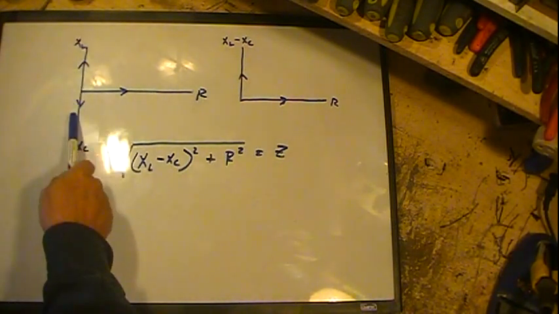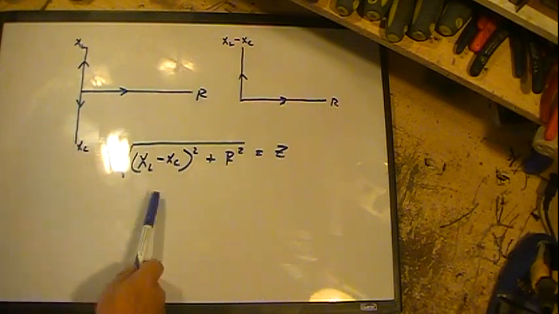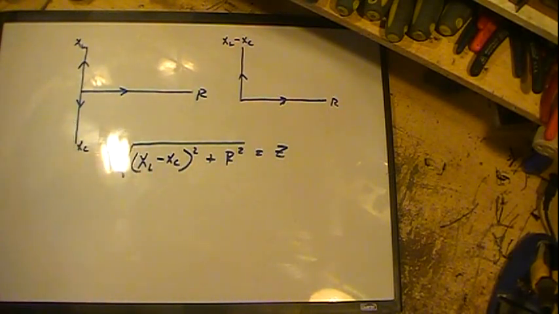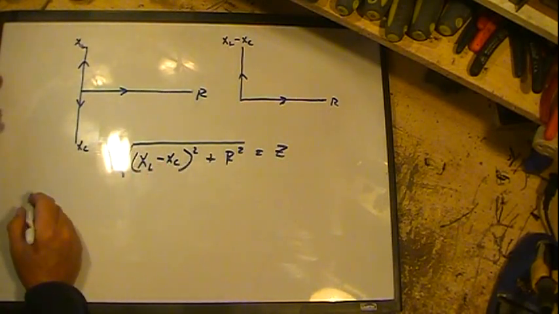Now the reason for these two going in opposite directions, and the reason why they subtract, goes back to what X sub L and X sub C is and how it's figured.